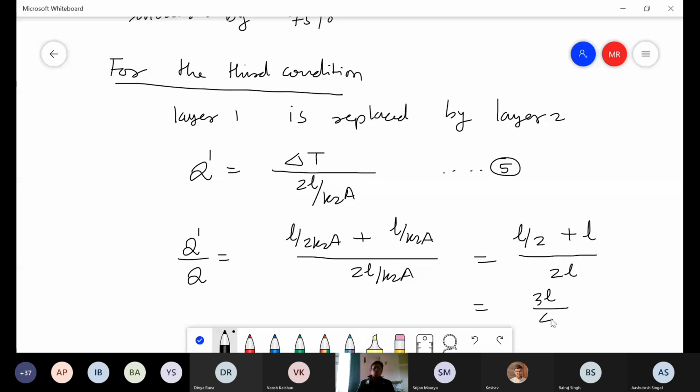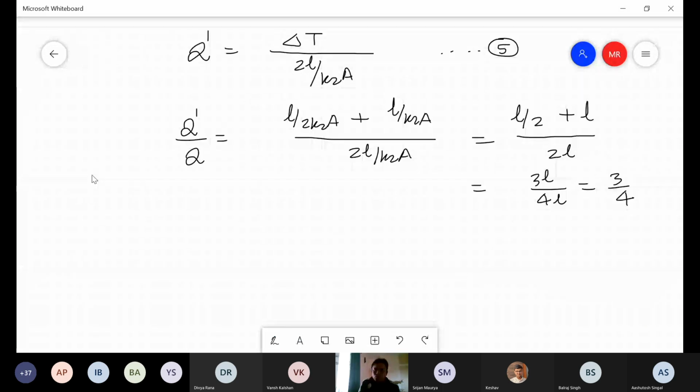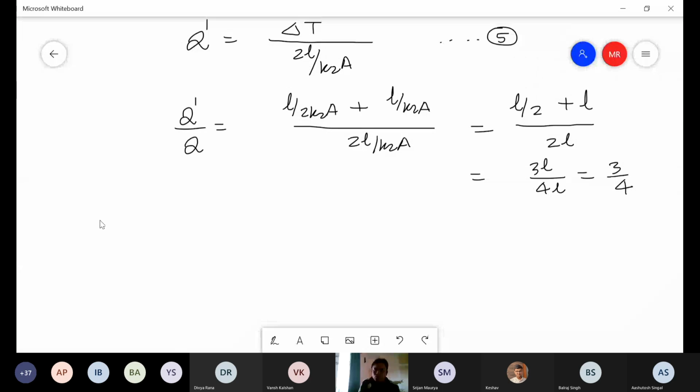So what it means is if the layer 1 is completely replaced by layer 2, in that case the rate of heat loss Q dash is going to be 3 by 4 times Q. So that means what?